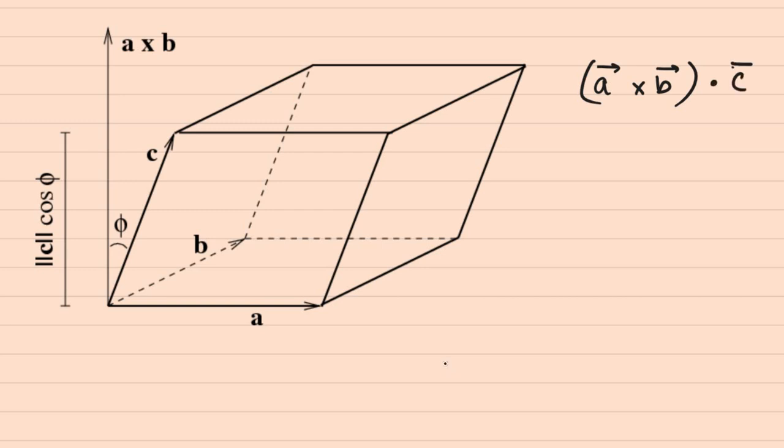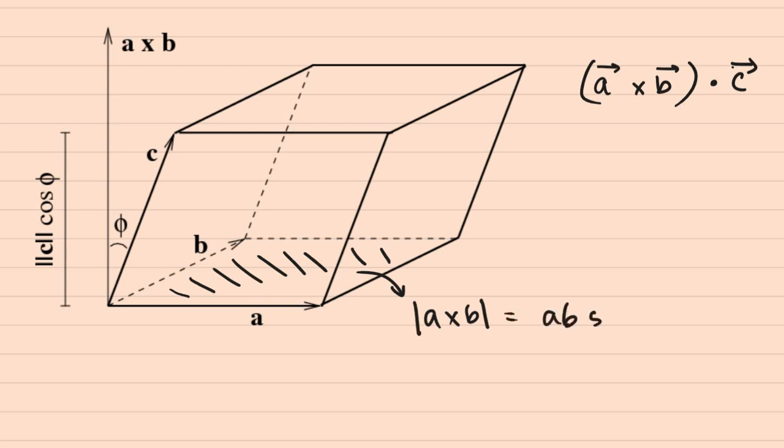Now, by the way, I should make a disclaimer. This is not my picture. I've just taken it randomly from the internet. Looks good, so whoever created it, kudos to them. Anyway, this surface here, its area is given by the magnitude of A cross B, which is AB sine of whatever the angle we find here.